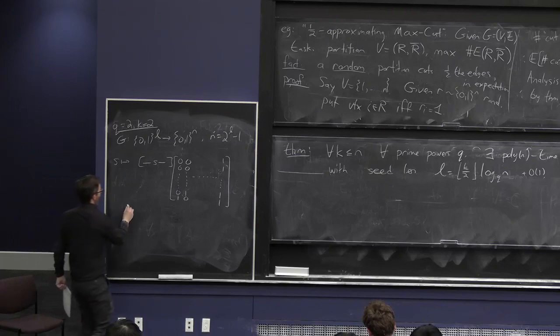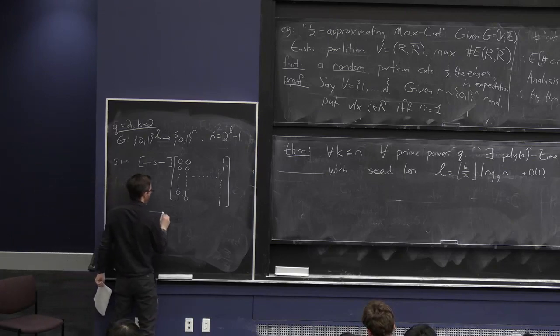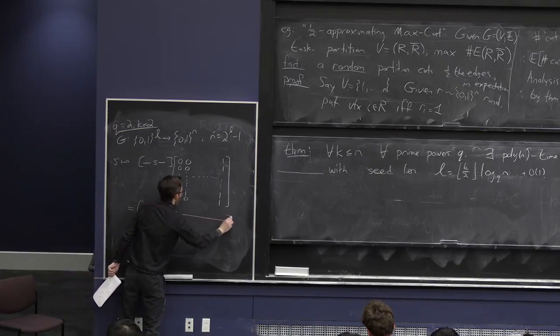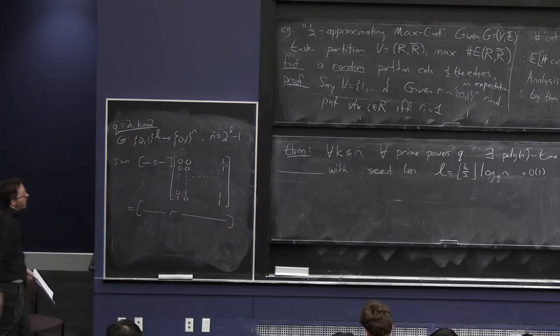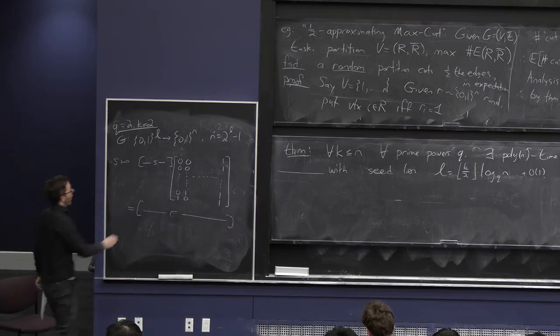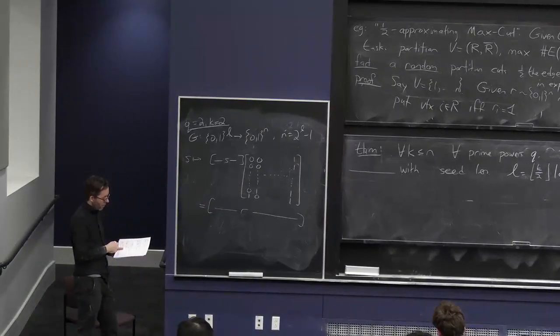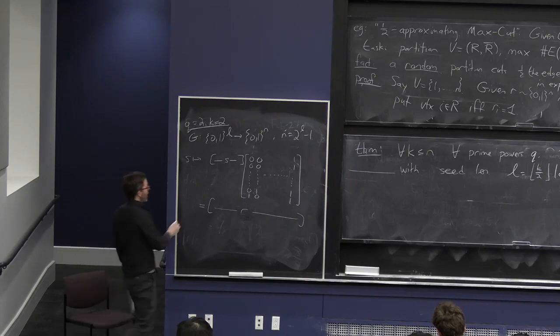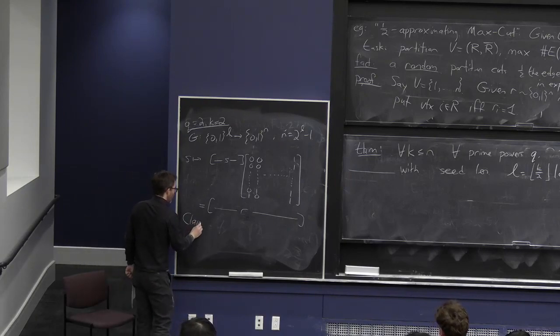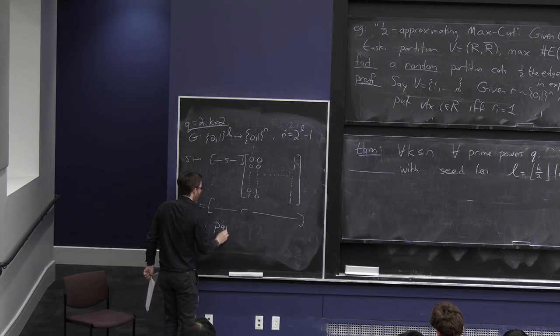When you multiply it out, it gives you a length n row vector R. It maps L bits to 2 to the L minus 1 bits, so every possible binary string except the all zero string. And the claim is that this is 2-wise independent, or pairwise independent.